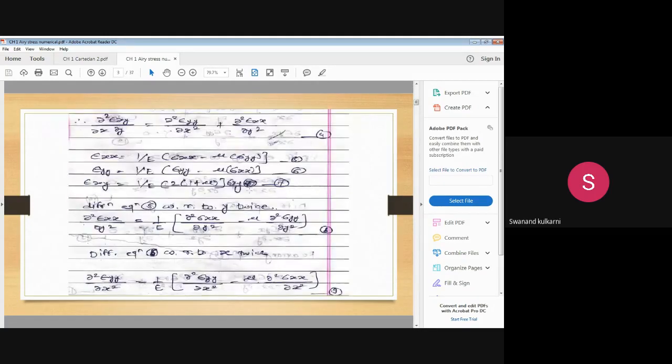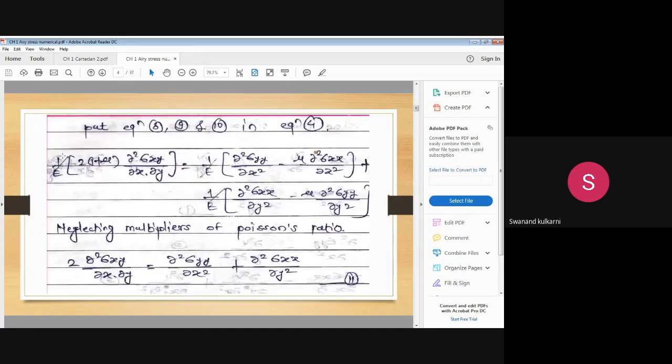Similarly, all the terms present here are differentiated and substituted, and by cancelling the common terms, we got 2 into bracket 1 plus mu into dou 2 sigma xy upon dou x dou y. Likewise, the common term 1 upon E present on the left side and right side is cancelled.